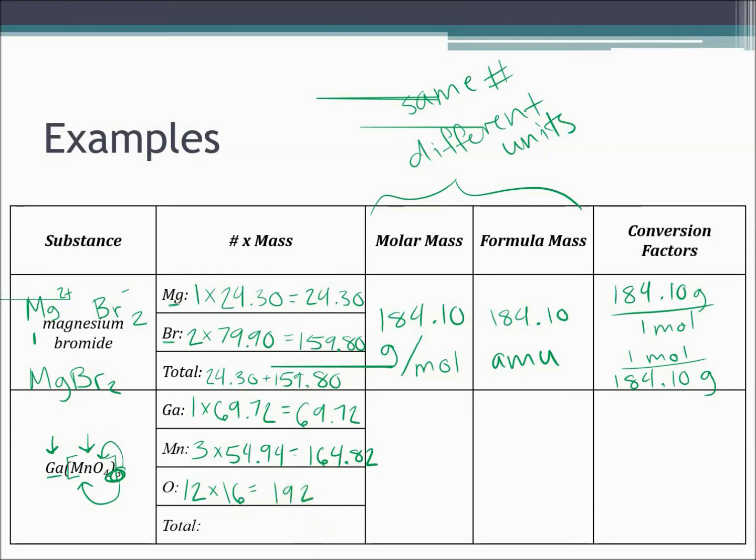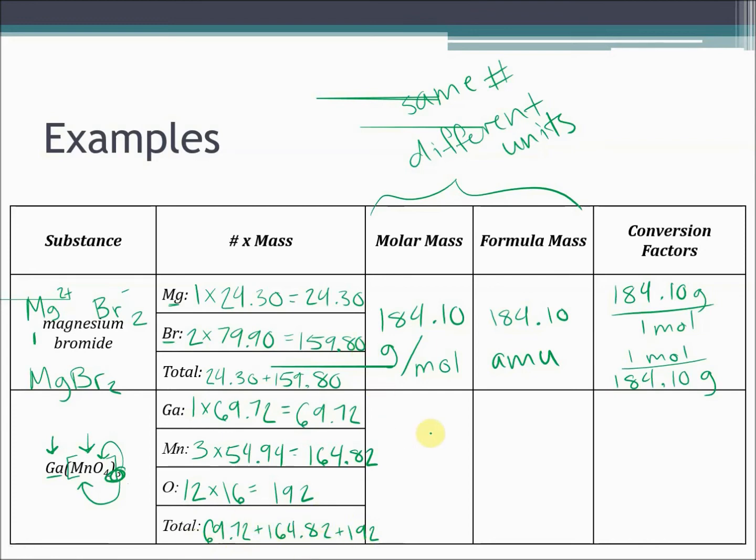So then to find the molar mass or the formula mass, we will just add these three numbers together. 69.72 plus 164.82 plus 192, running out of room a little bit there, will give us our total mass.